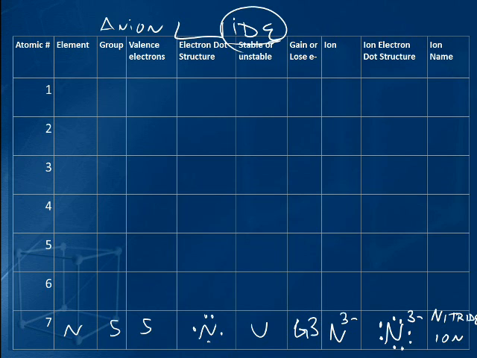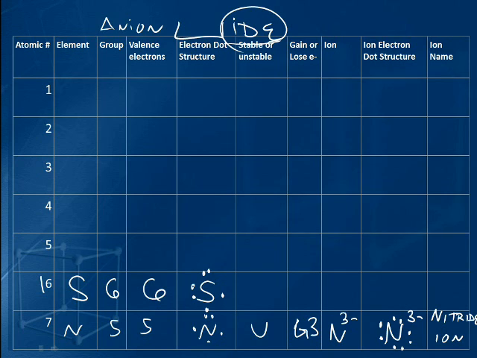All right, let's try another negative one. Let's try atomic number 16. The element is sulfur. The group would be 6. Valence electrons 6. The dot structure would be S with 1, 2, 3, 4, 5, 6.